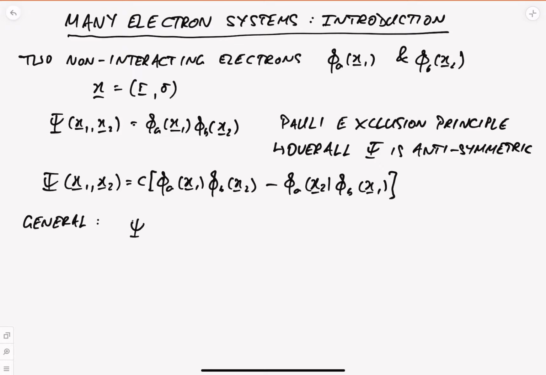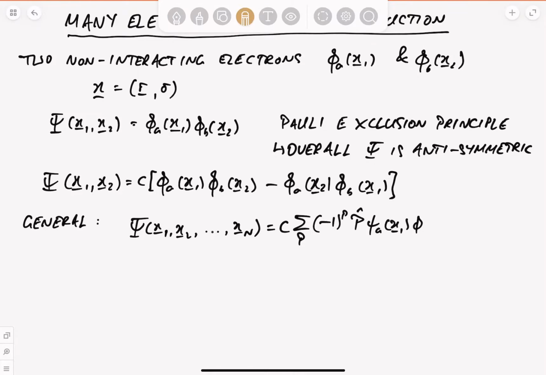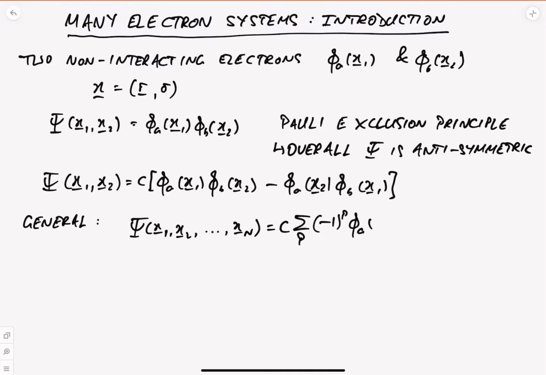We would write capital psi for the many-body wave function of x1, x2 up to xn, where n is the number of electrons, is equal to, again, a normalization constant times the sum over all possible permutations p of minus 1 to the power of p, p hat, which is a permutation operator, and then we just write phi a of x1, phi b of x2, all the way up to phi n of xn.